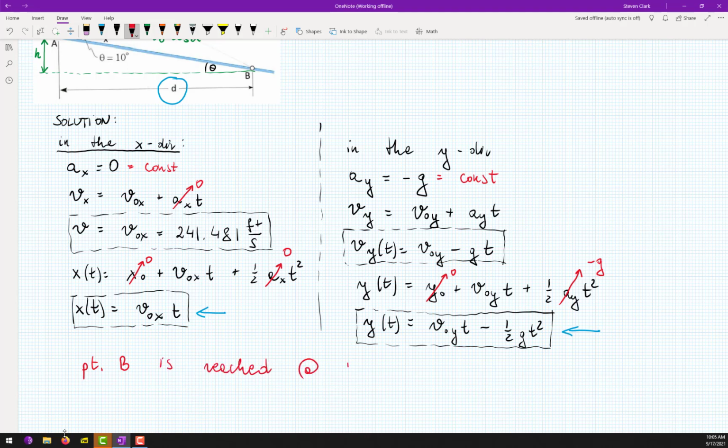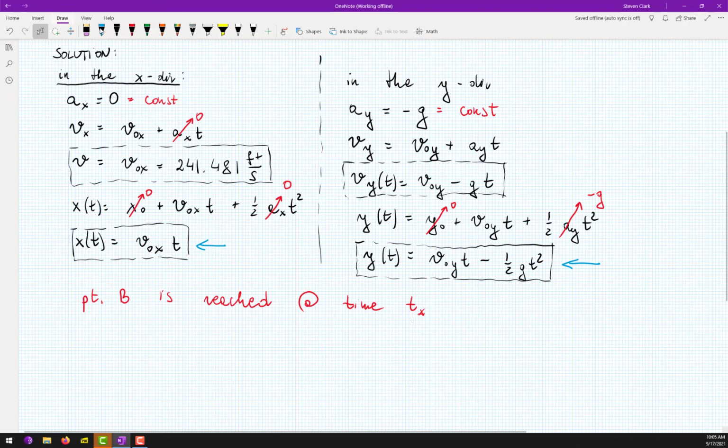That means that when it comes to x, I can write that d is equal to v0x t star. Or we can write that x of t star is d and y of t star is minus h.